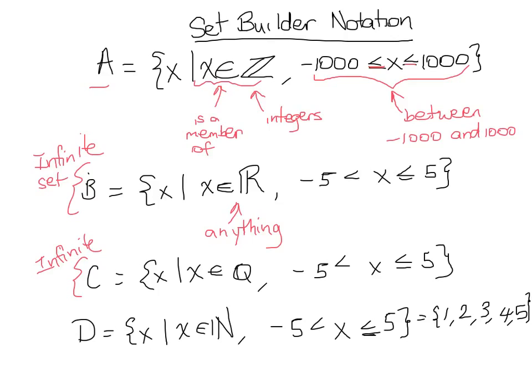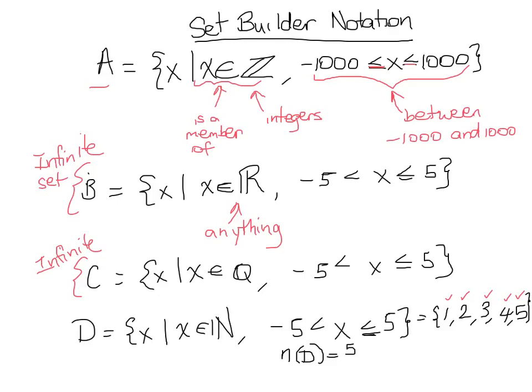Now, if I asked for n of D, what I'm asking for is the number of elements in set D. In that case, we just count. There's 1, 2, 3, 4, 5. So the number of elements in set D is equal to 5.